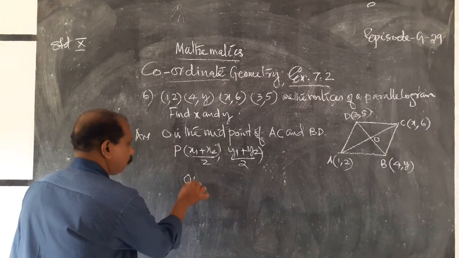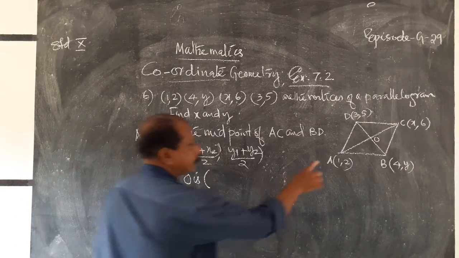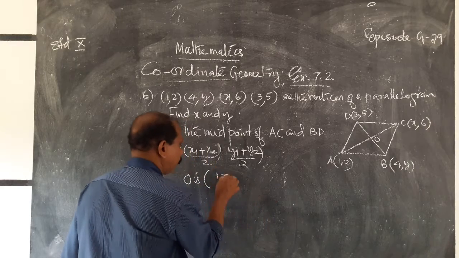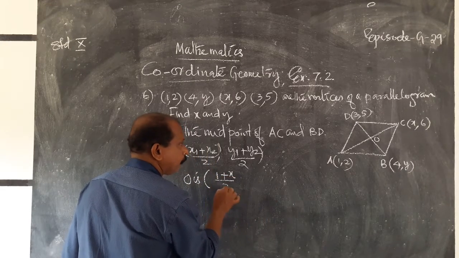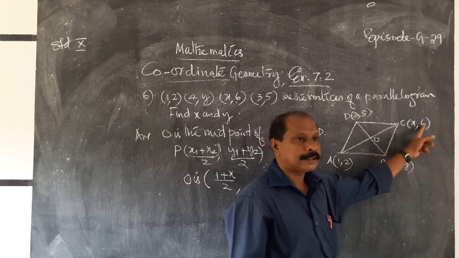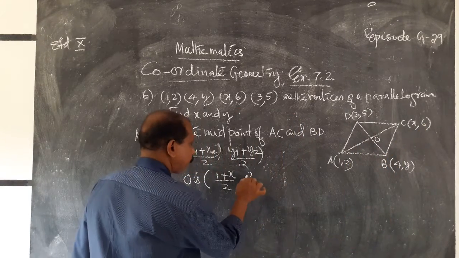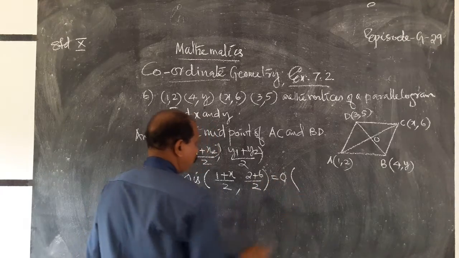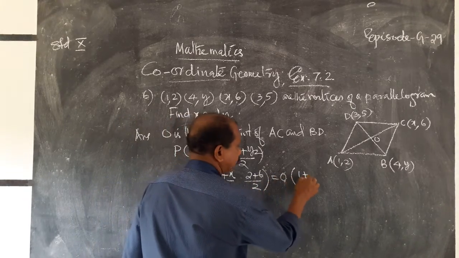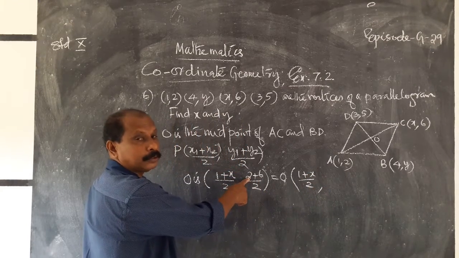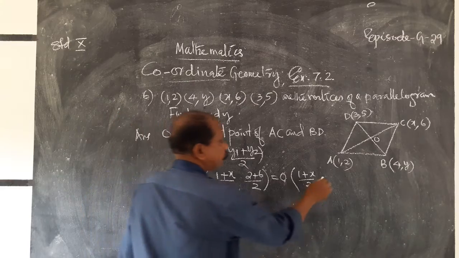Therefore, O is ((1 plus x) by 2, (2 plus 6) by 2), that is ((1 plus x) by 2, 4). 6 plus 2 is 8, 8 by 2 is 4.